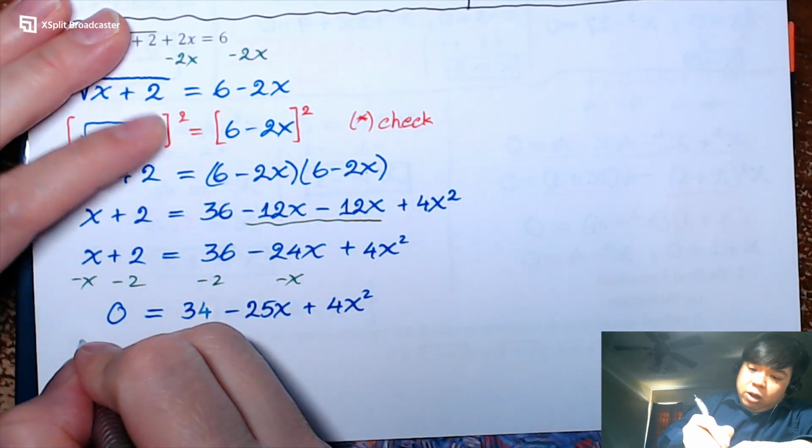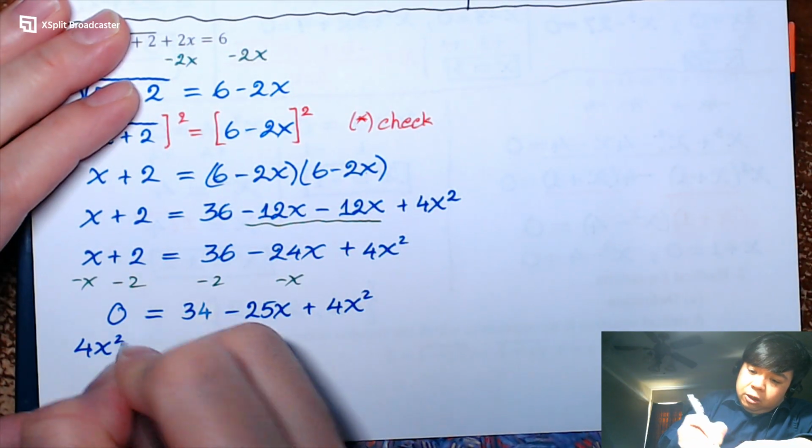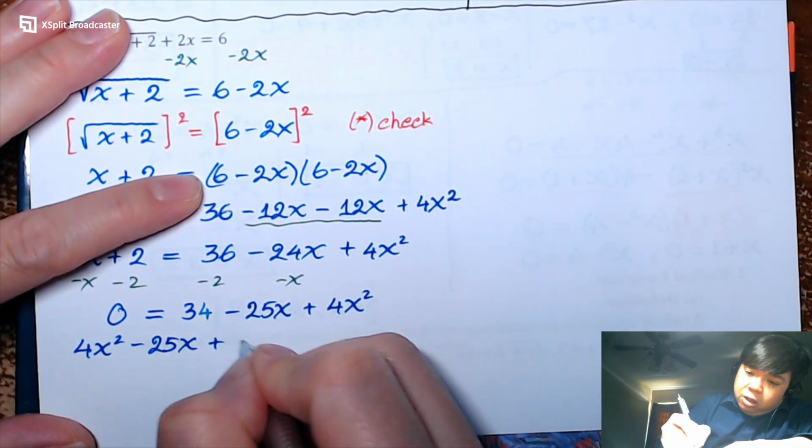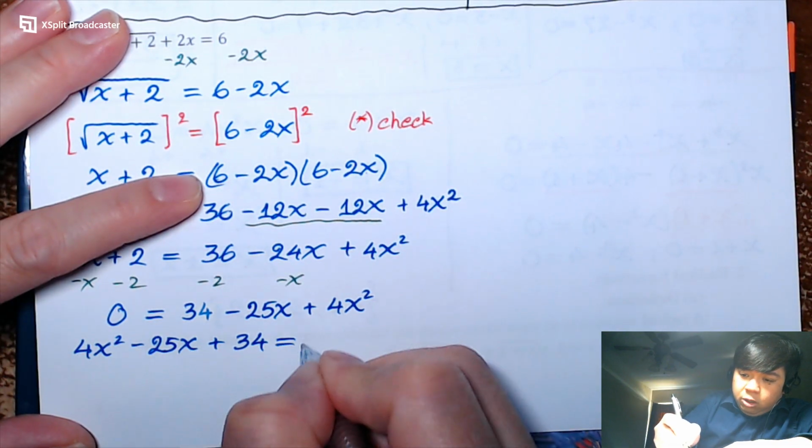So we have 4x squared minus 25x plus 34 equal to 0.